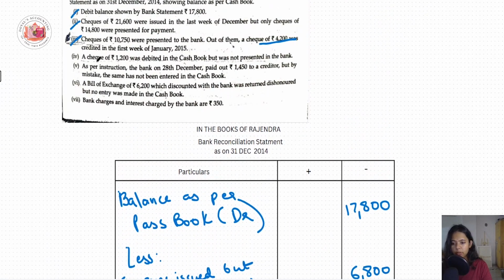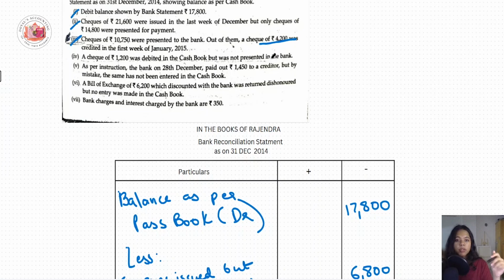A check of rupees 1,200 was debited in the cash book but was not presented in the bank. A debit in a cash book means a receipt; if our cash book was credited, then I would consider it an expense. But here the check of 1,200 was debited, so in our cash book we have recorded a receipt of 1,200 rupees.